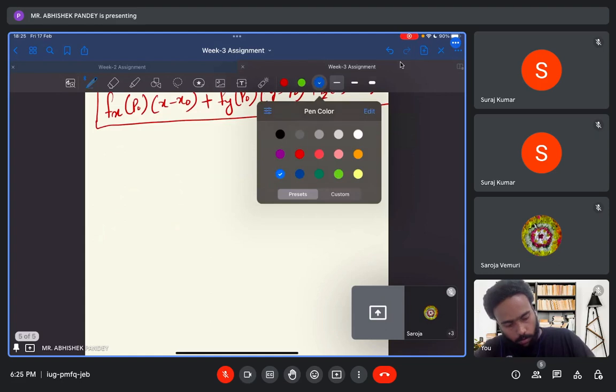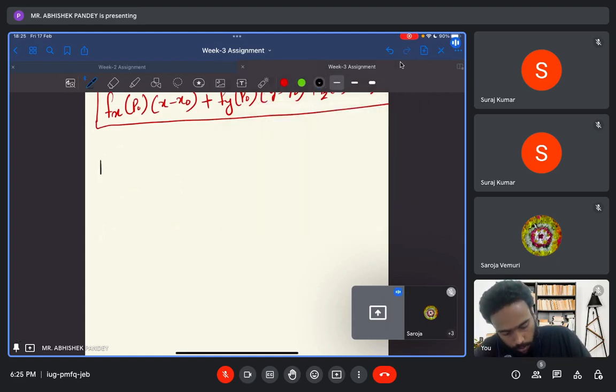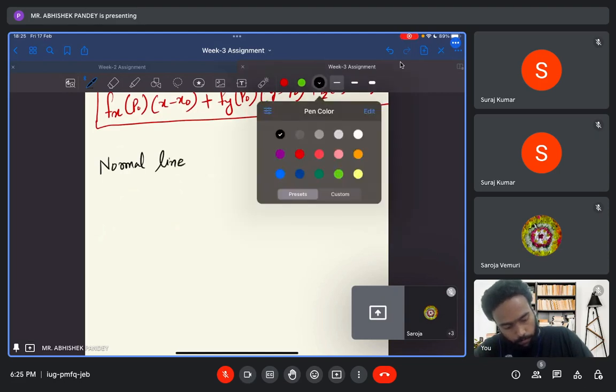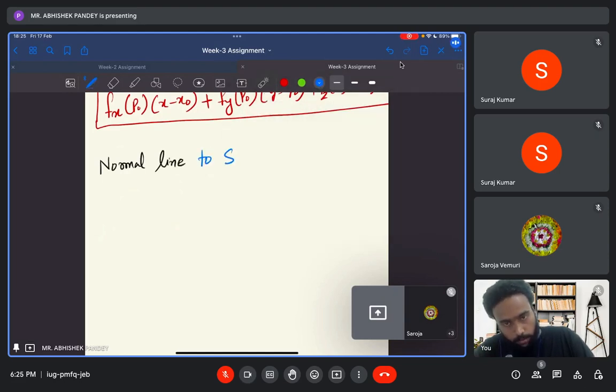Also, the equation of normal line to S at point P naught, which is x naught, y naught, and z naught. Okay.